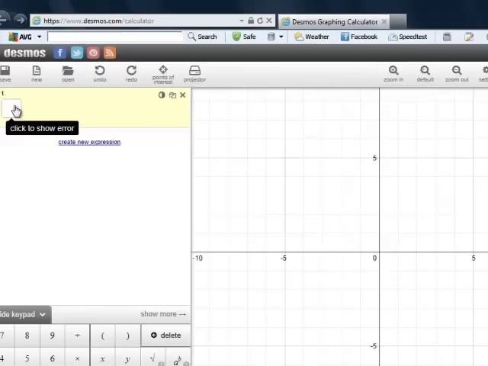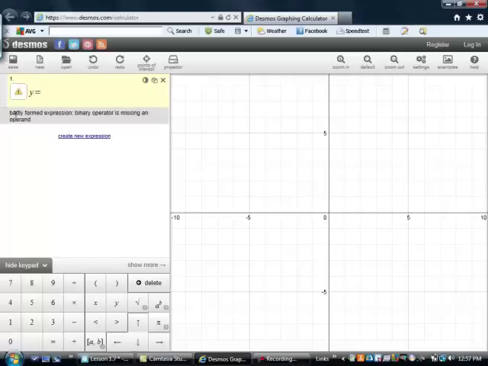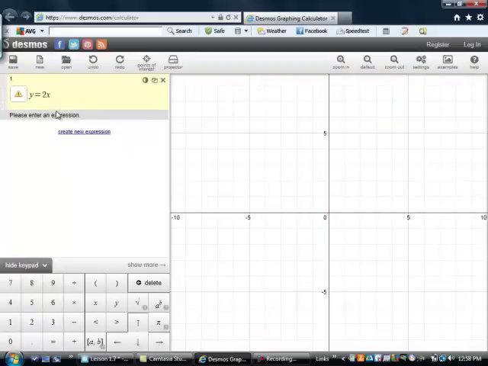First thing I'm going to do is graph my equation. I'm going to type in y equals 2x, and now to do a squared, we use a caret, which is above the number 6. That's how we do it on a computer.